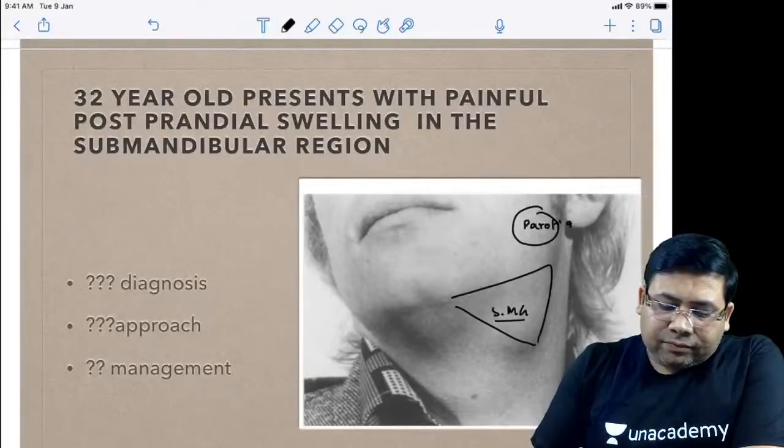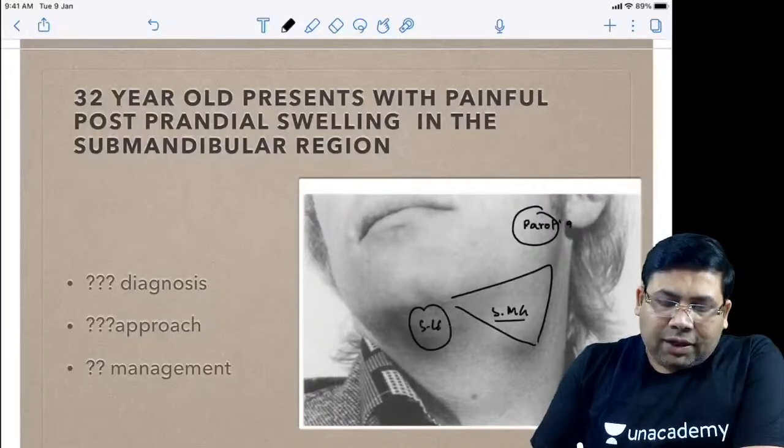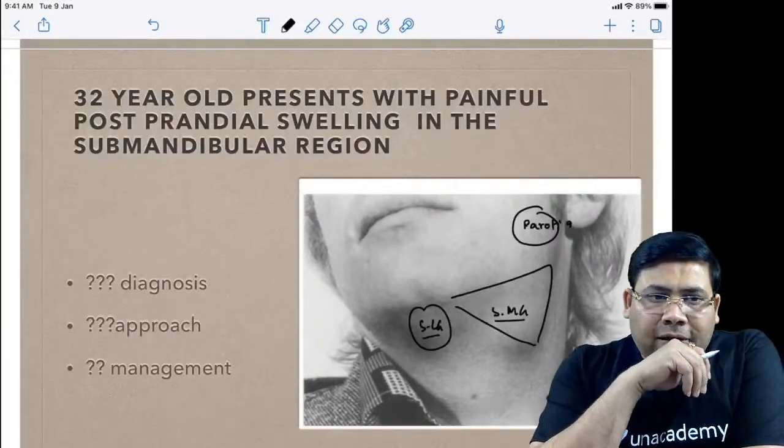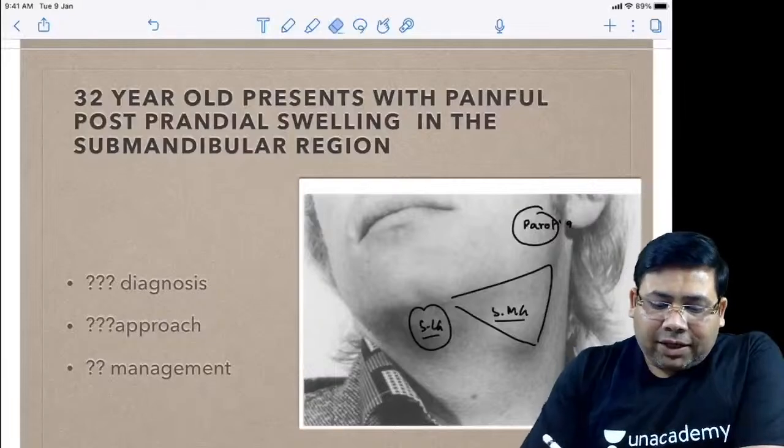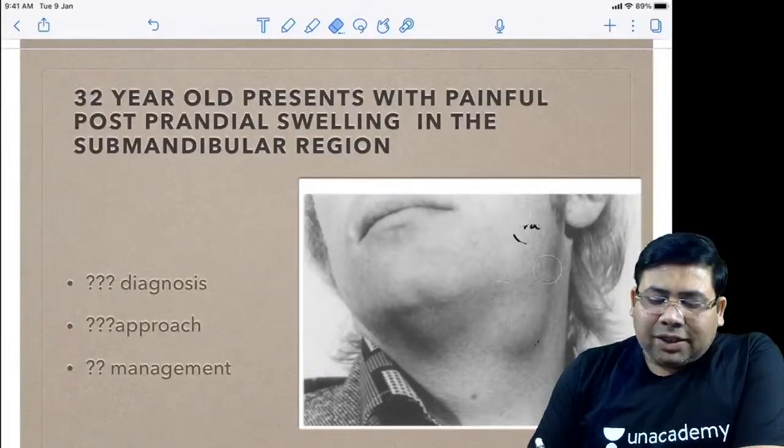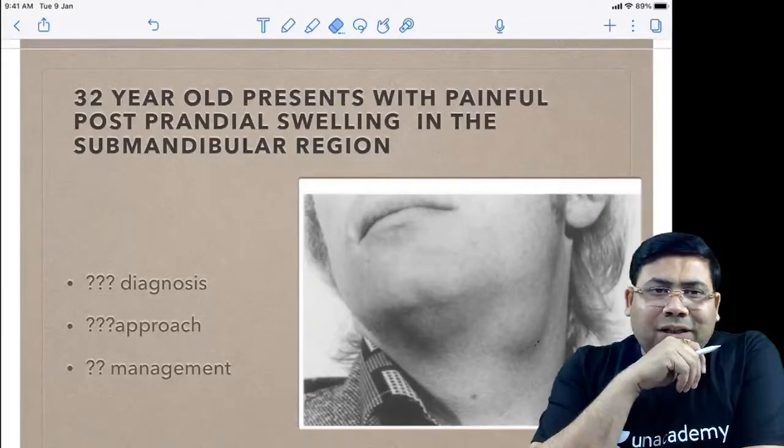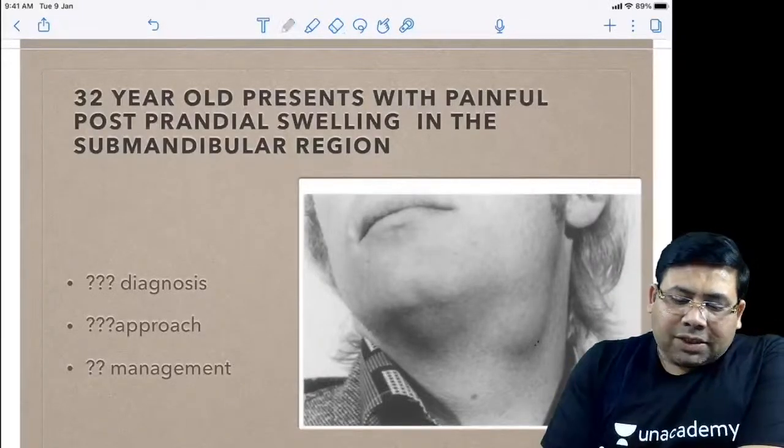The sublingual gland will be here. Are you getting? So this is a submandibular gland swelling, basically. Why is it having a postprandial swelling? Let me tell you, this is a classic hint.